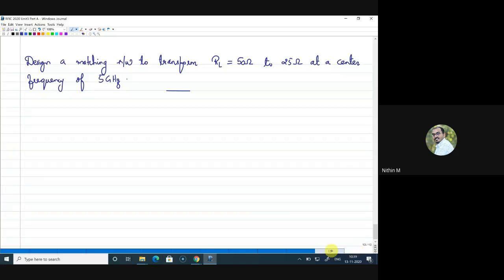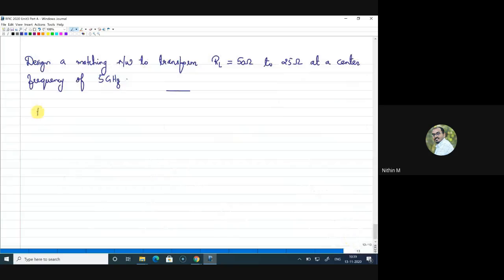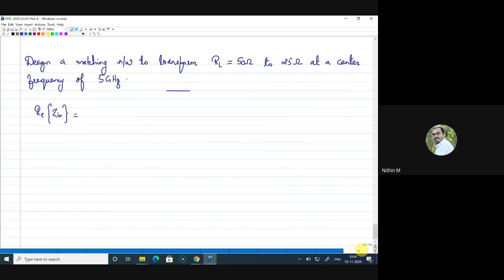Okay, so how will you proceed with this question? I have written the equations here, so let me directly take up that equation and check. The real part of impedance, I have obtained this equation as 1 by RL C1 square omega square. That should be equal to 25, because the transformed impedance should be 25 ohms.